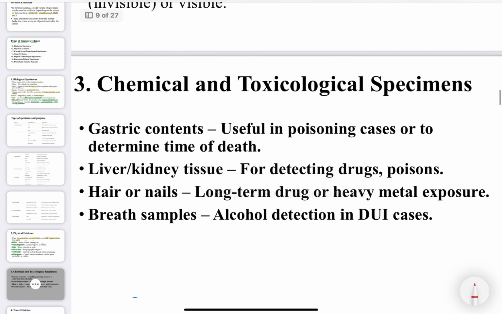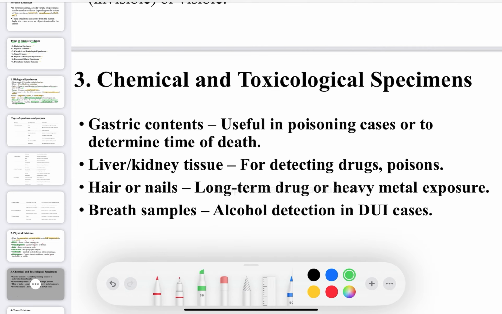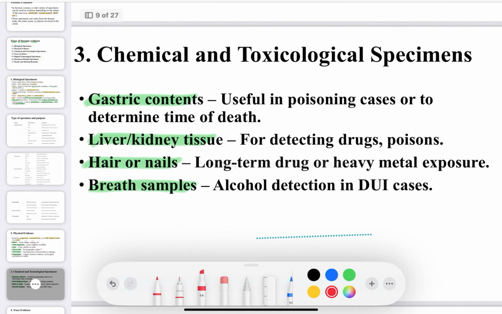Invisible or visible, we can find them with the help of some solutions. Now come to chemical or toxicological specimens. These can be gastric contents, liver or kidney tissues, hair or nails, breath samples. Gastric contents are useful in poisoning cases or to determine the time of death. Liver or kidney tissue for detecting drugs, poison.